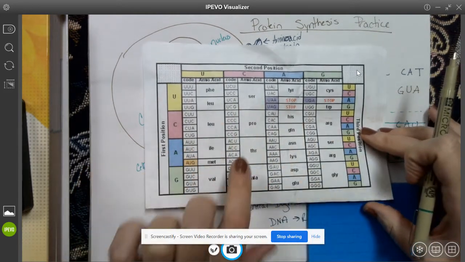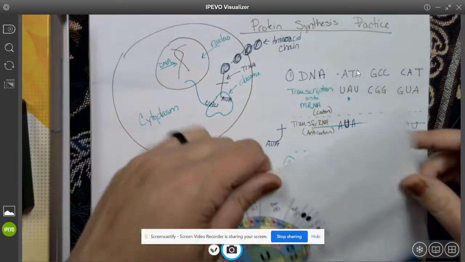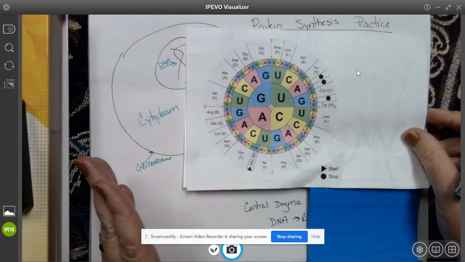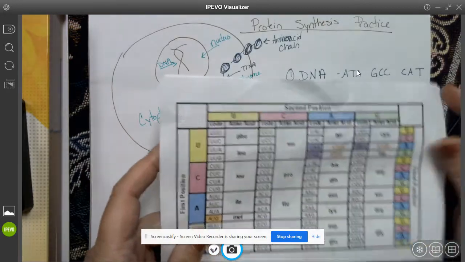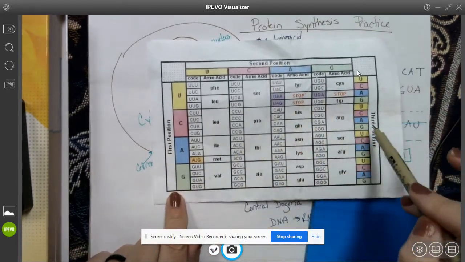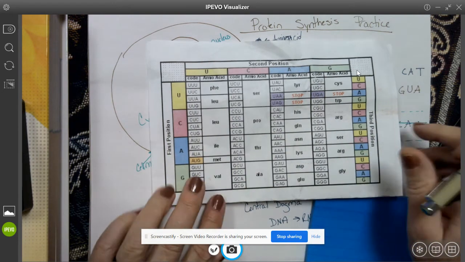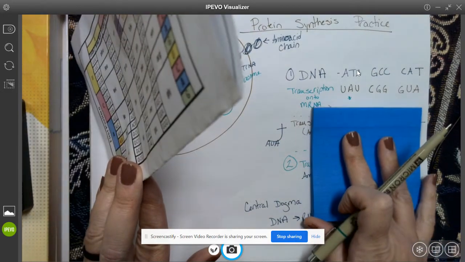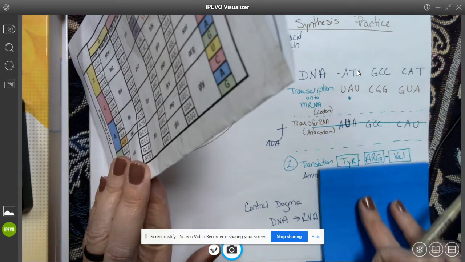There's the first base, second base, third base format, and then there's the ring. You have a preference, whichever one's easier for you. I'm going to show you how to do it both ways. First way, using the first, second, third base positions for the codons. We need to decode the messenger RNA to figure out which amino acid it codes for.